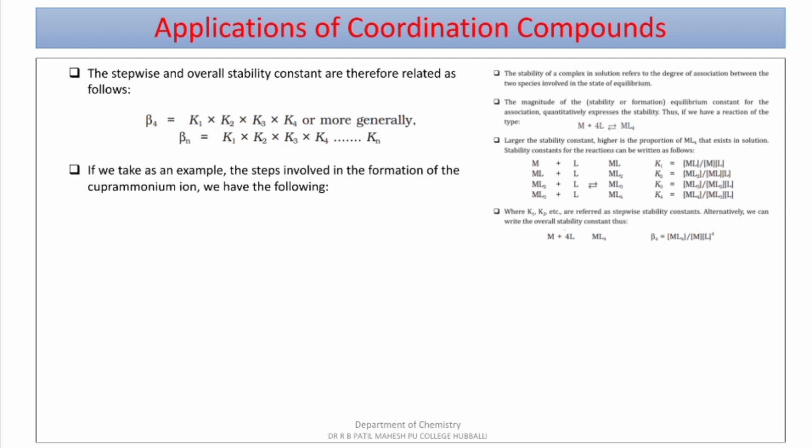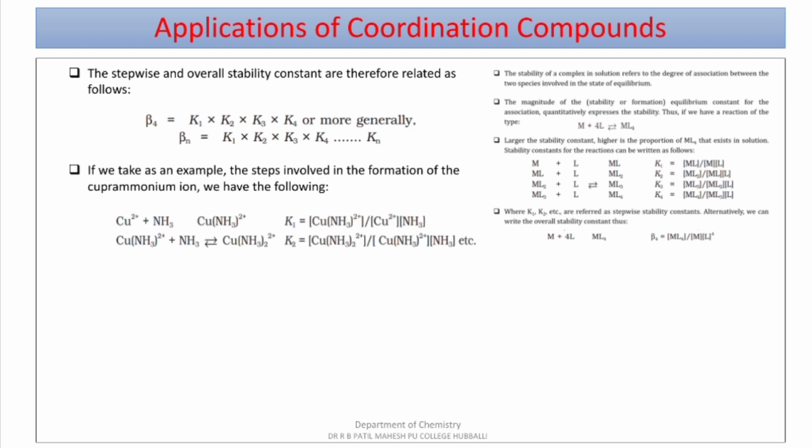If we take an example, the steps involved in the formation of the cuprammonium ion, we have the following equation: Cu2+ plus NH3 gives rise to [CuNH3]2+. Therefore, the stepwise stability K1 is equal to the concentration of [CuNH3]2+ divided by the Cu2+ concentration into the concentration of NH3.